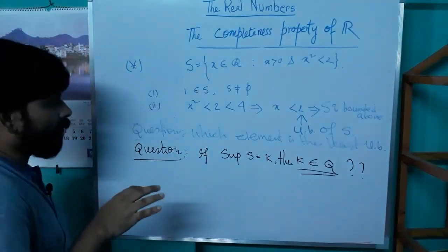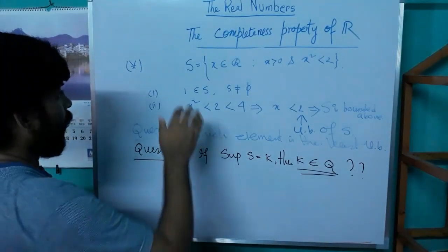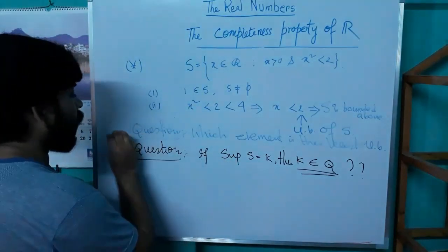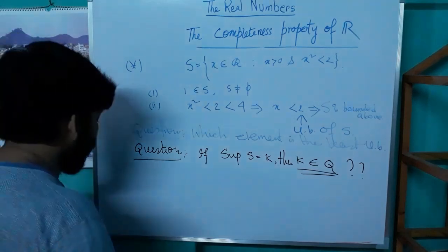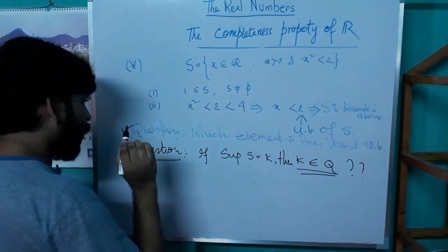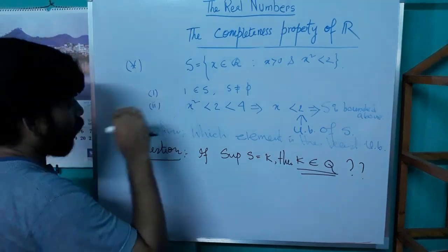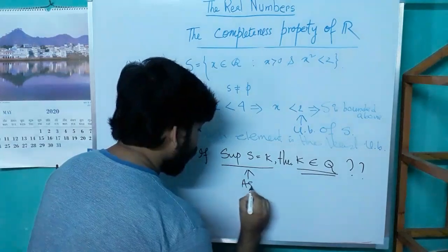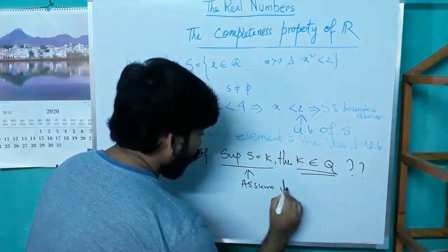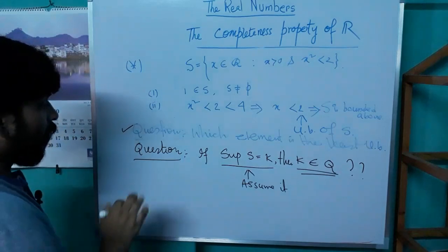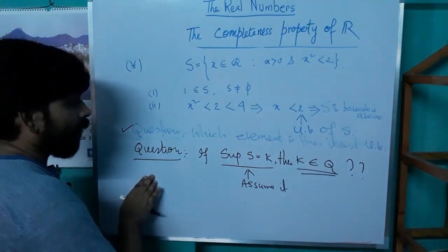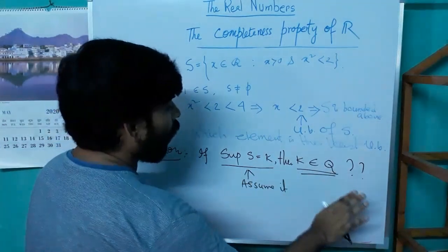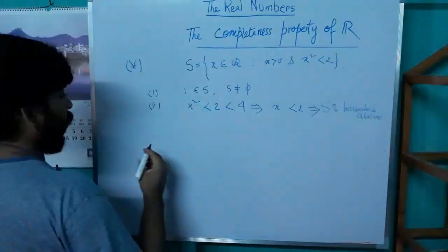So in this discussion we assume that the set S has a least upper bound. So we don't answer question 1. We assume that yes, the supremum of S exists. Now we deal with the second question, that if the supremum of S is K, then whether K is rational or irrational.